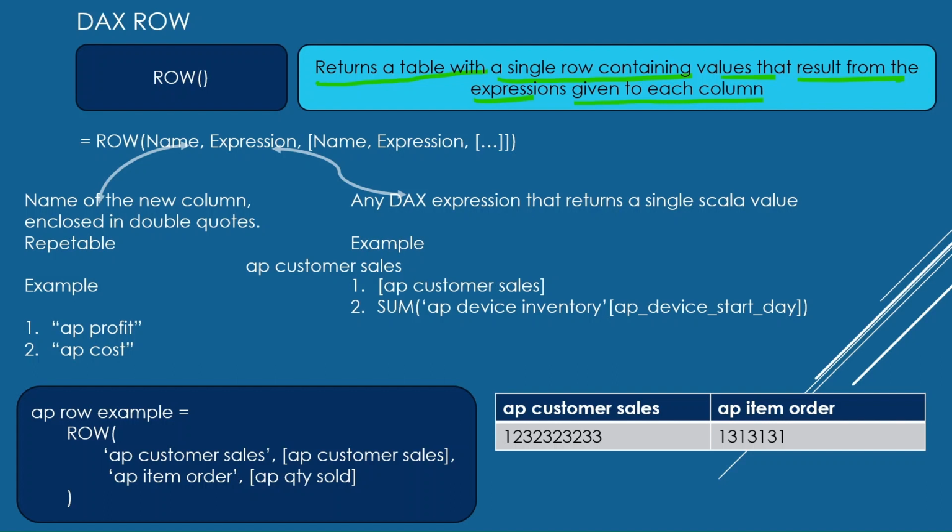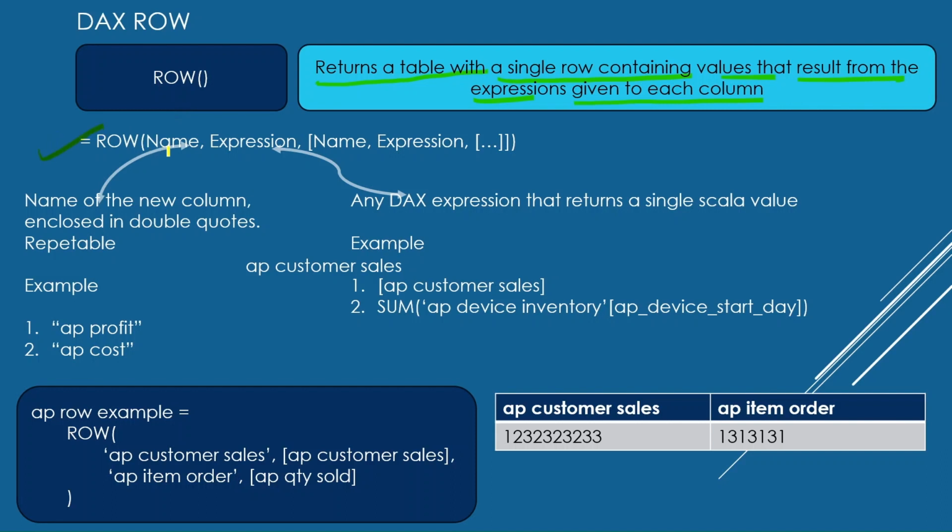What does it mean? It means that whenever there is a requirement to create a single row with values with the help of a certain kind of expression, we can achieve it with the help of the ROW function.